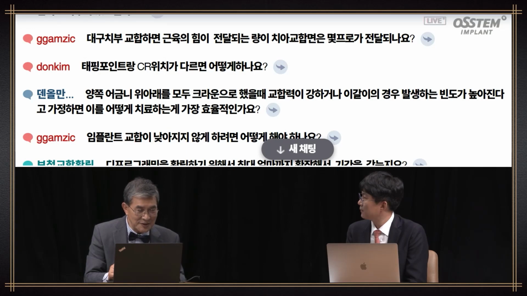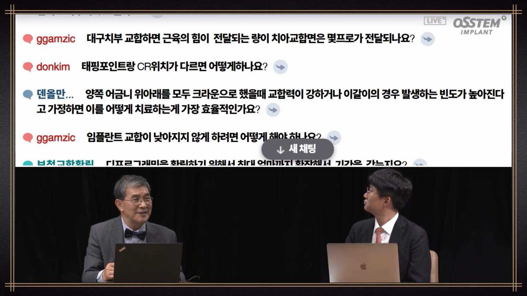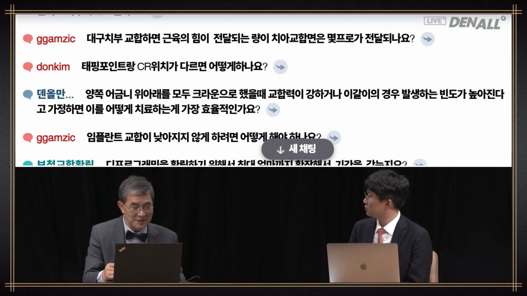Next, Gamzik. Under molar occlusion, the amount of muscle force transmission in terms of the percentage of teeth occlusal surface.